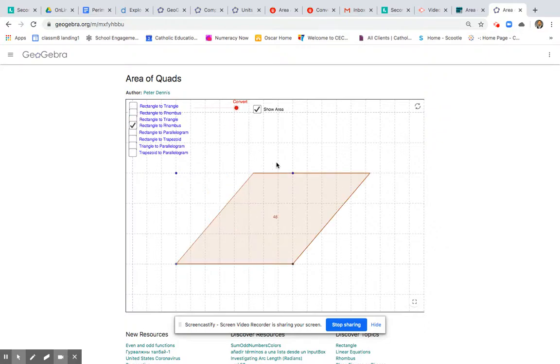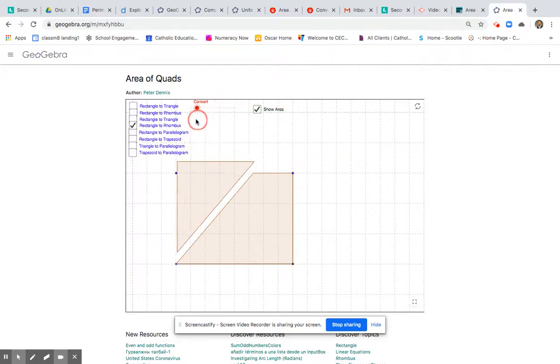If we look at the parallelogram here, how do we find the area of a parallelogram? Well, it's basically the same as a rectangle. It's base times height, and it is this perpendicular height. In areas, we're always after this perpendicular height. So it's base times perpendicular height. Why? Because we can convert this back to a rectangle.